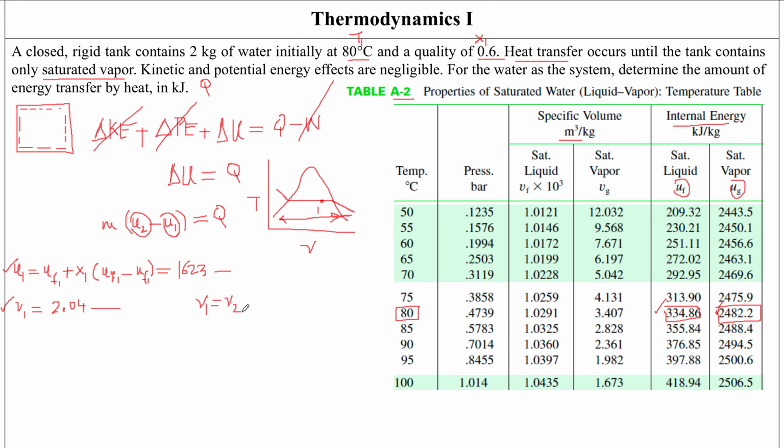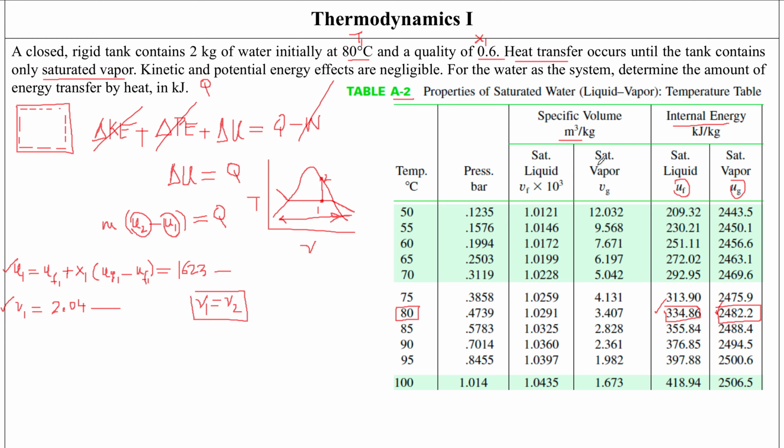So because you know the value for V2, that it's 2.04, what you can do is go into, let's say, this table over here, and because you're saying it's a saturated vapor, on the TV diagram, that means that state 1 is going to move at a fixed volume towards becoming a saturated vapor. Okay, so this is going to be state 2.